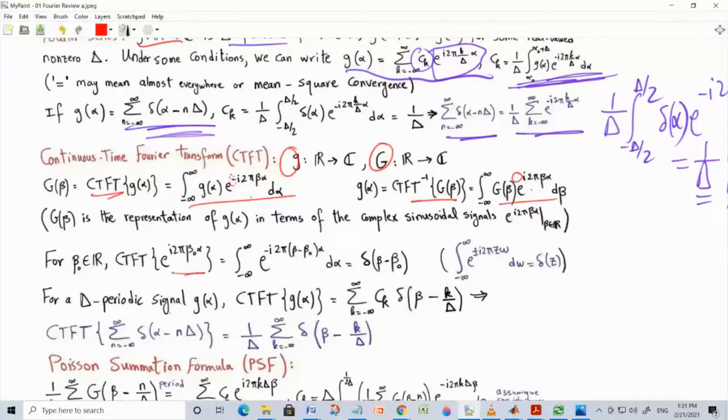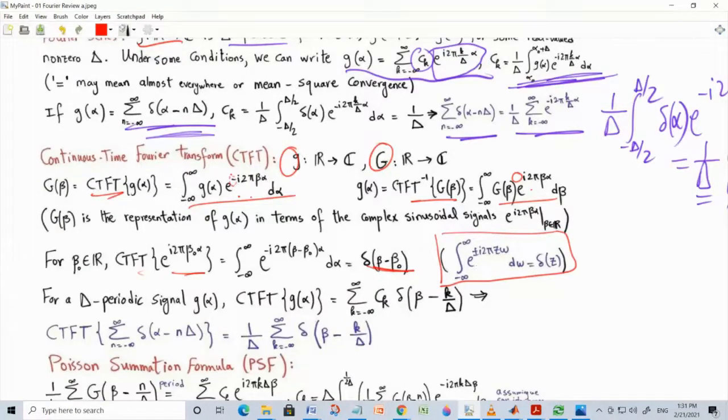What is the CTFT of the complex sinusoid? Well, if you have a complex sinusoid with fundamental frequency beta 0, the CTFT is a Dirac delta at beta 0. To show this, you apply the definition of the CTFT and make use of this relation, or this integral here.